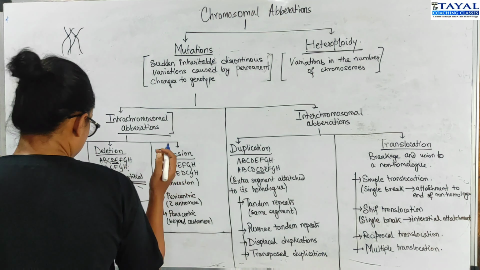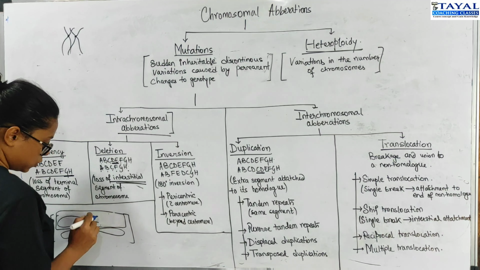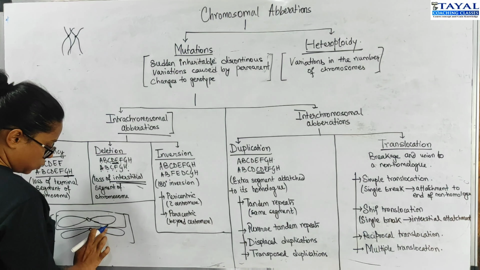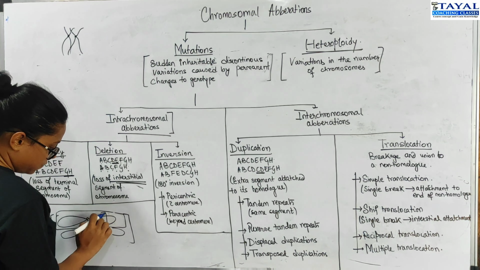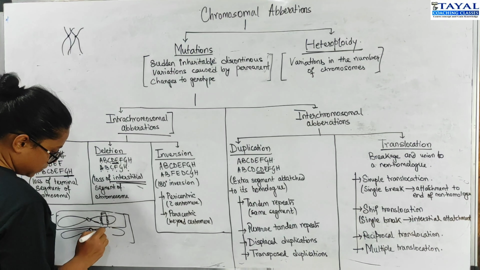Moving on to inversion. Inversion means, so let's say this was the original chromosome. What happens is that a segment gets inverted 180 degrees. So let's say it looked like this. Now it will look like this in the new one.